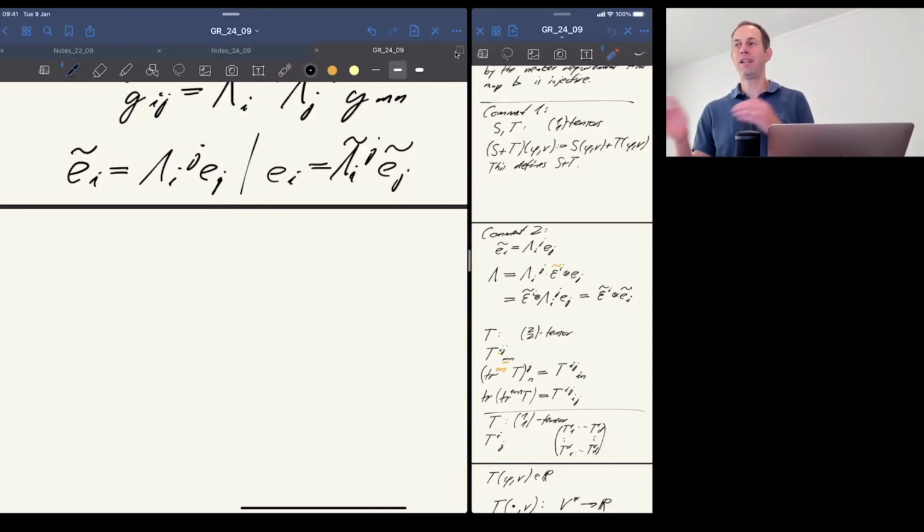For example, I can embed one space into another. But a priori, the claim is not that any matrix is a tensor or corresponds to the coefficients of a tensor. The claim is the opposite, that every tensor can, if I write down the components, be represented as a matrix or a higher dimensional thing. So if it's a tensor of type (1,1), (2,0) or (0,2), then it's a normal square matrix. If it's a bigger tensor, like a (1,2) or so, then it would be a 3-dimensional matrix, so to speak.